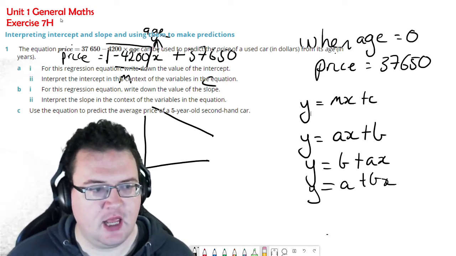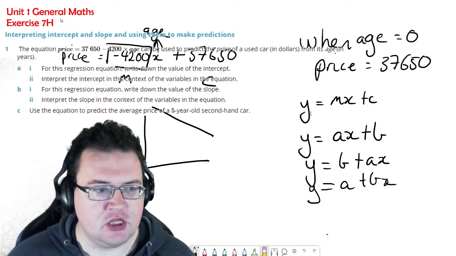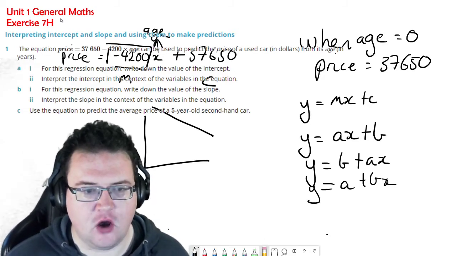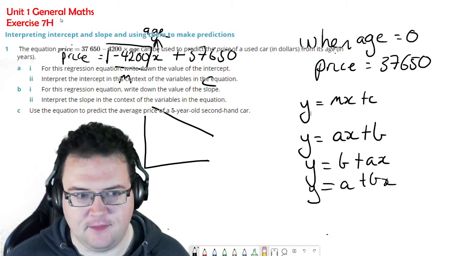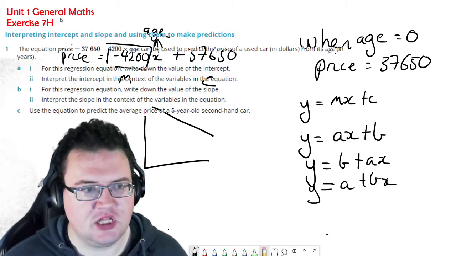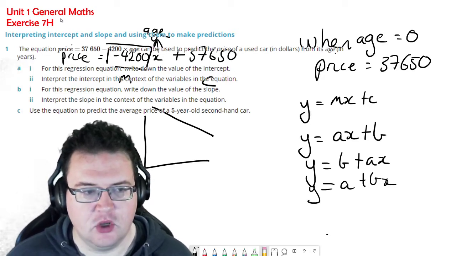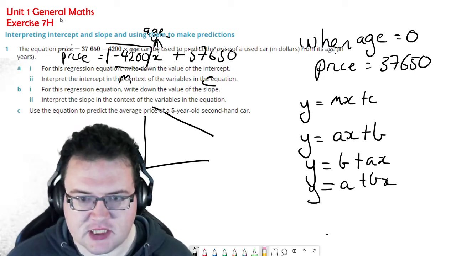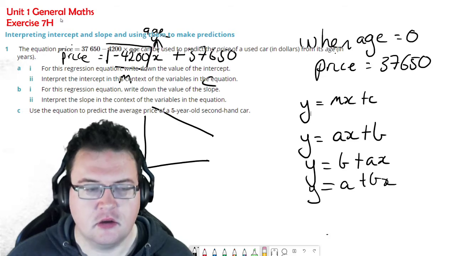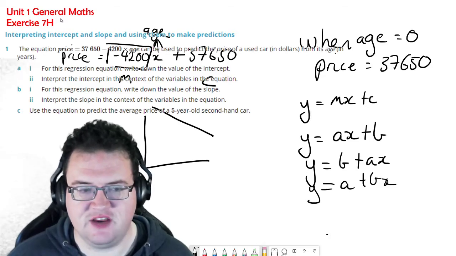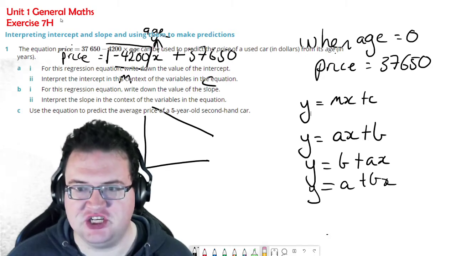All right, and part C, use the equation to predict the average price of a 5-year-old second-hand car. So using the equation, 5-year-old second-hand car. So we want to know the price. What we need to do is use the information to decide what the age is going to be.